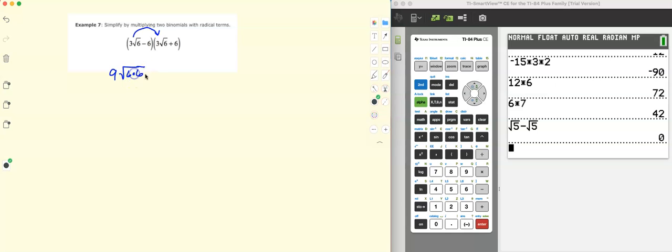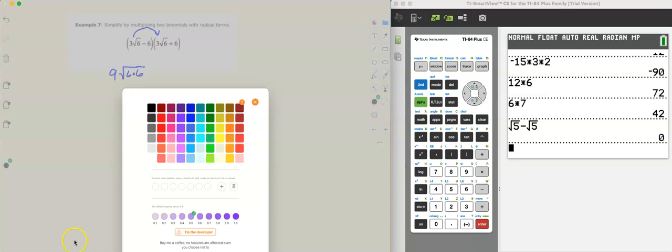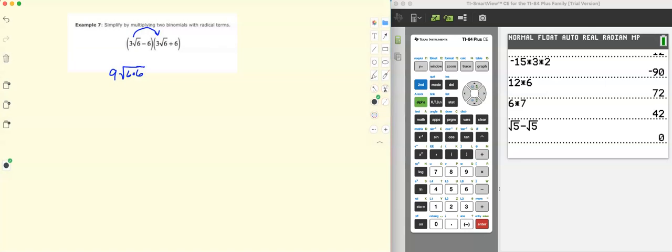I'm going to leave them written as factors, just in case I have to simplify some more. All right, let me get that blue back. Then I also have to do the square root of 3 times 6 times 6, and that's going to give me a positive 18 times the square root of 6.